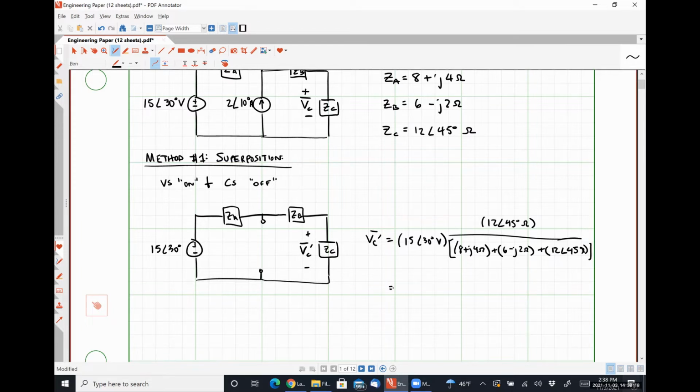And let me take a moment to throw this in my calculator. I get 7.255 with an angle of 49.999.